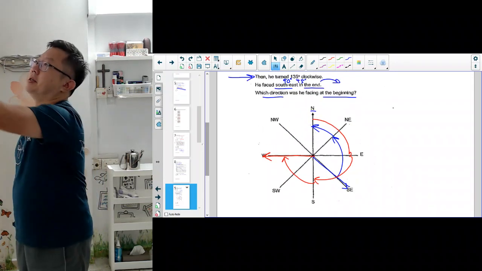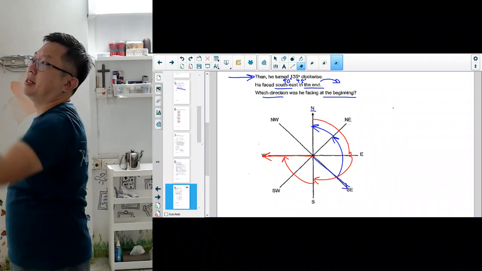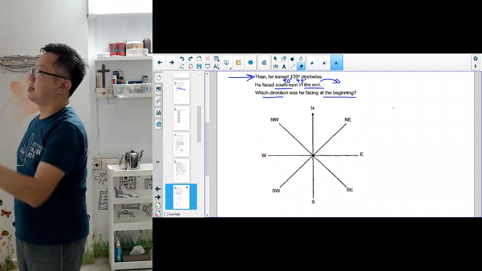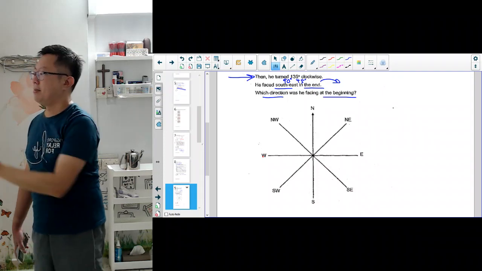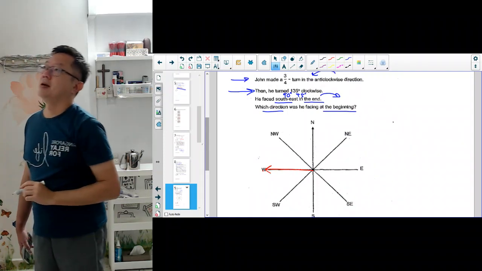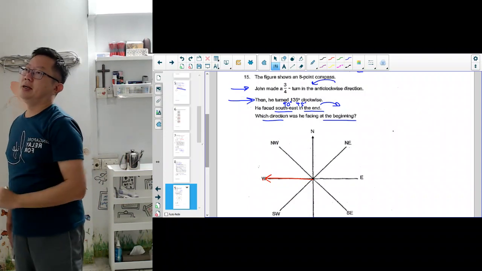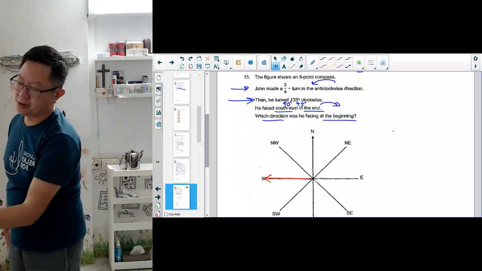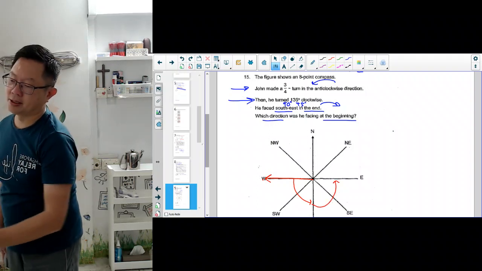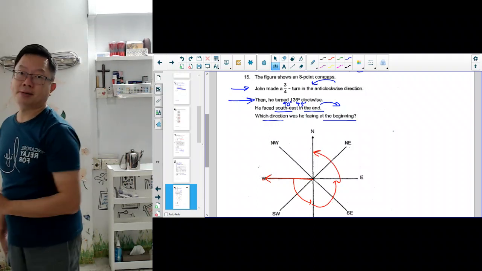And how do you double check whether your answer is correct? Well, I'm going to erase everything and let's double check. Now, if he was facing west at first, right? He made a 3/4 turn in the anti-clockwise direction. So you go 1/4, another 1/4, 2/4 already, 3/4, right?